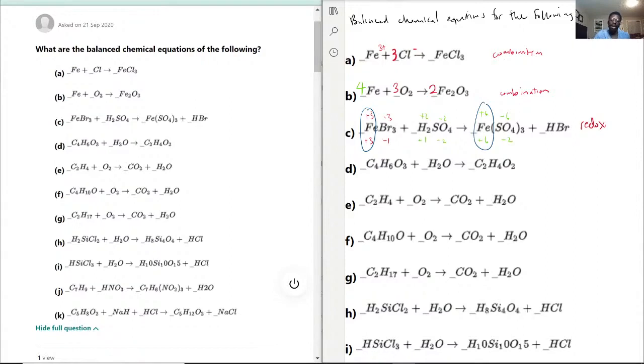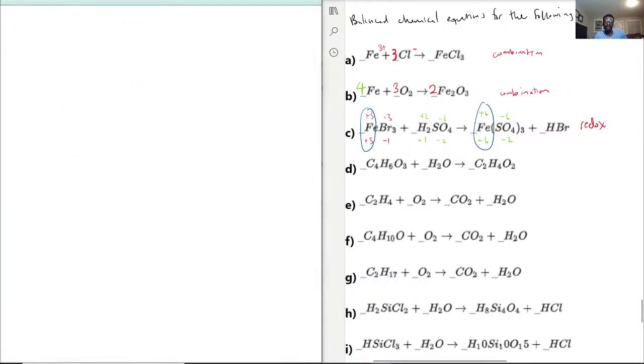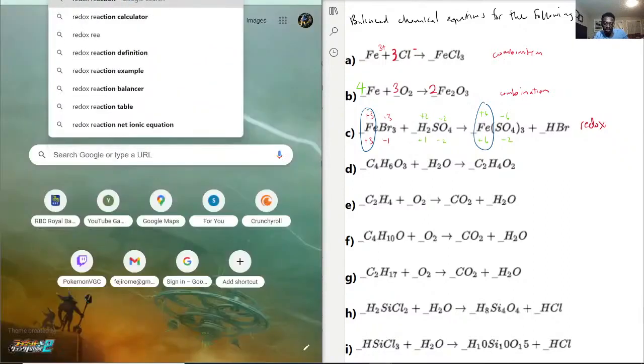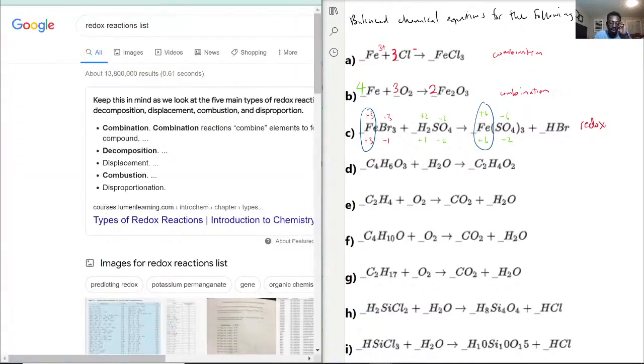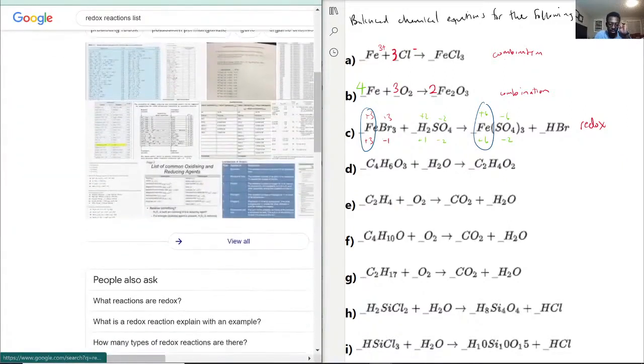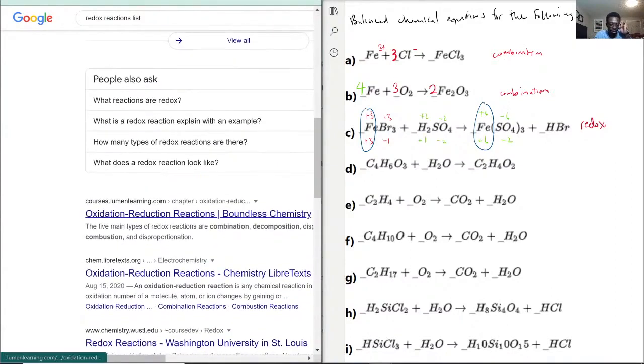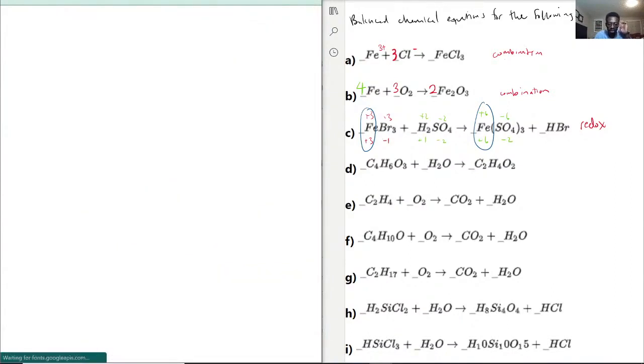And does that even happen in redox? Let me see. Redox reaction of this. Does iron ever go from plus 3 to plus 6?